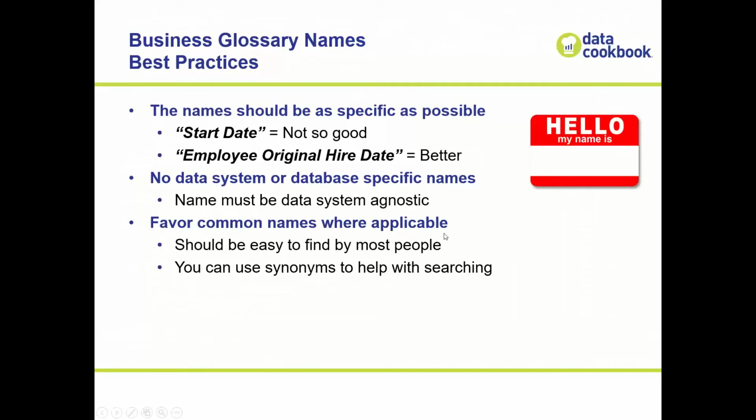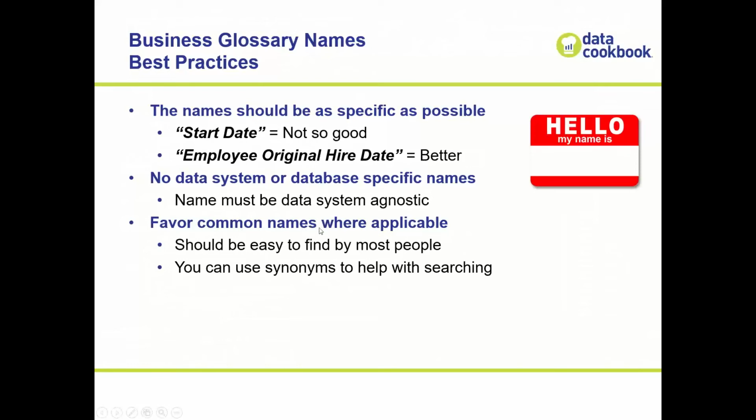Kind of related to that, favor common names where applicable. Remember, this is a functional facing thing. This is something where people are going to do searching and discovery. Do we have a definition for this? Does it exist? And they're using common language to search for it. If you've got something in there that's called FKZ2 code 7, that's not really helpful, even if you've got a really beautiful explanation of what that means. If it really stands for some special status for employees, call it that.